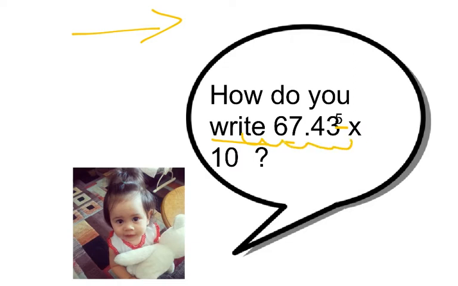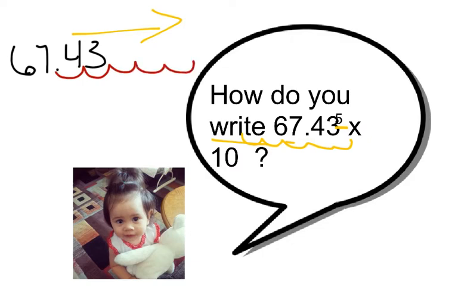So when I rewrite that number, 67 43/100, I can move my decimal 1, 2, 3, 4, 5 places. And to fill those empty places, I can put zeros.